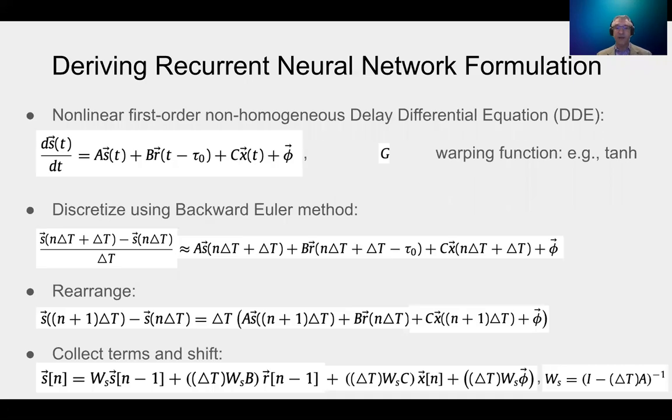Let us begin by deriving the formulation or the definition, as it is commonly stated, of the recurrent neural network. Our starting point will be a nonlinear ordinary delay differential equation with one discrete delay.